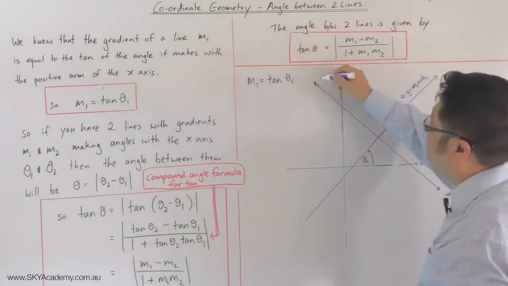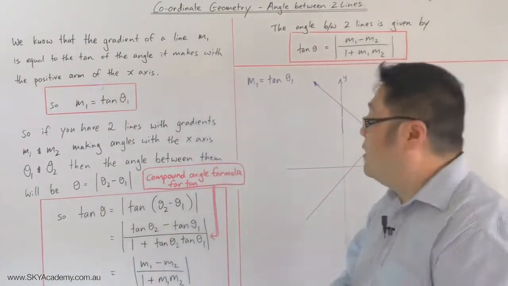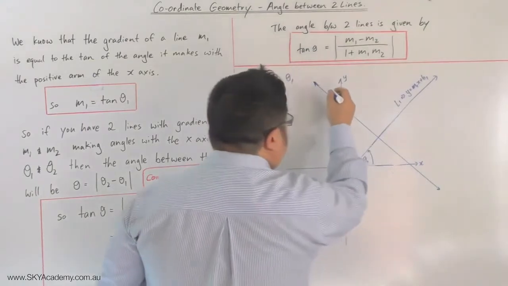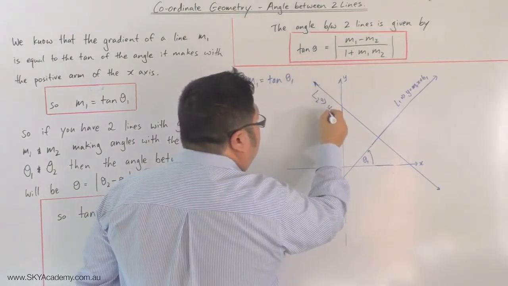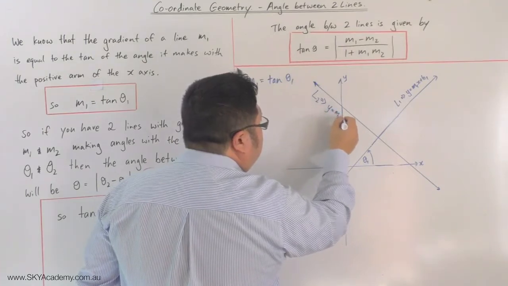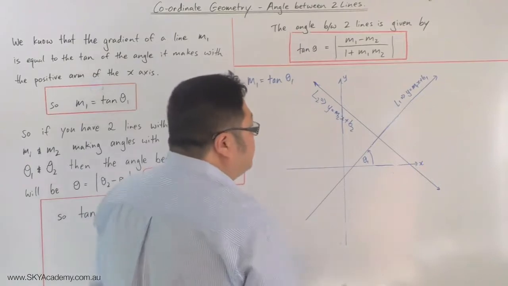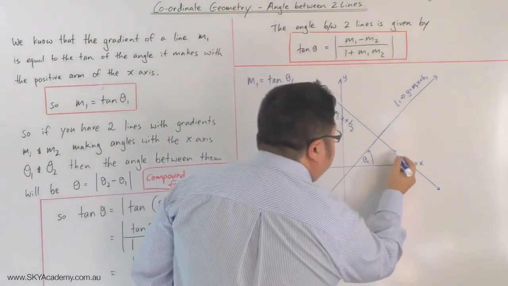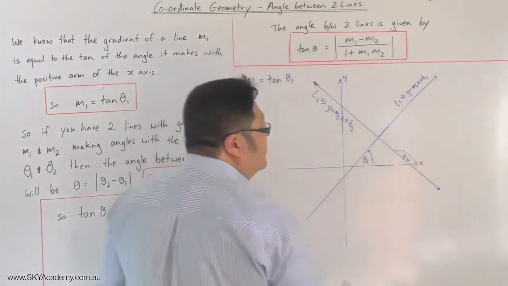Let's call it L2, given by y equals m2 x plus b2. And this angle here would be theta 2.